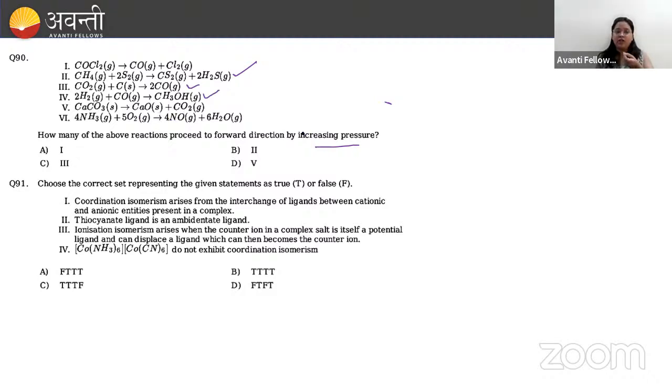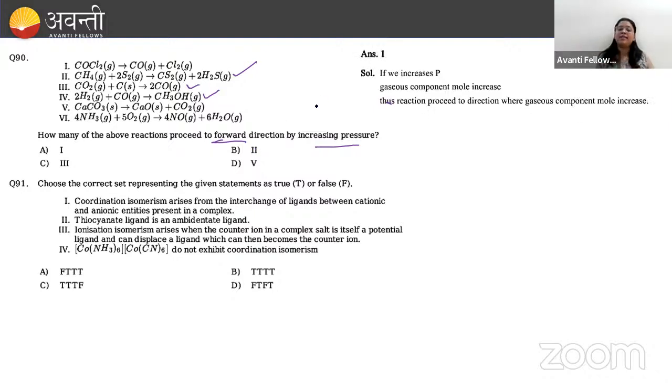If we increase the pressure, what criteria should we look for if the reaction should go in the forward direction? As the pressure increases, the moles of the gaseous component increase. That means the gas molecules on the product side should be more as compared to the reactant side.